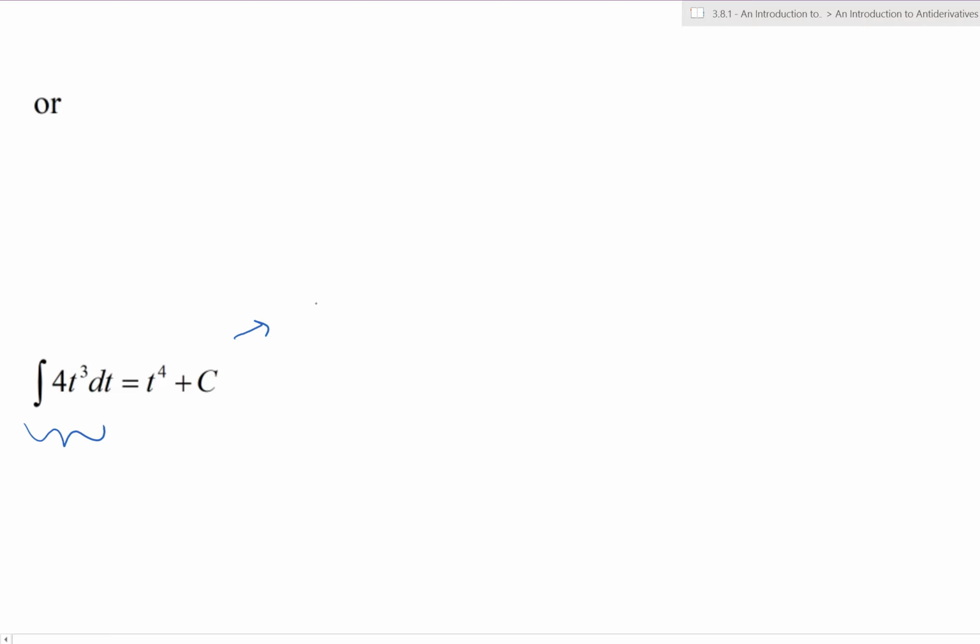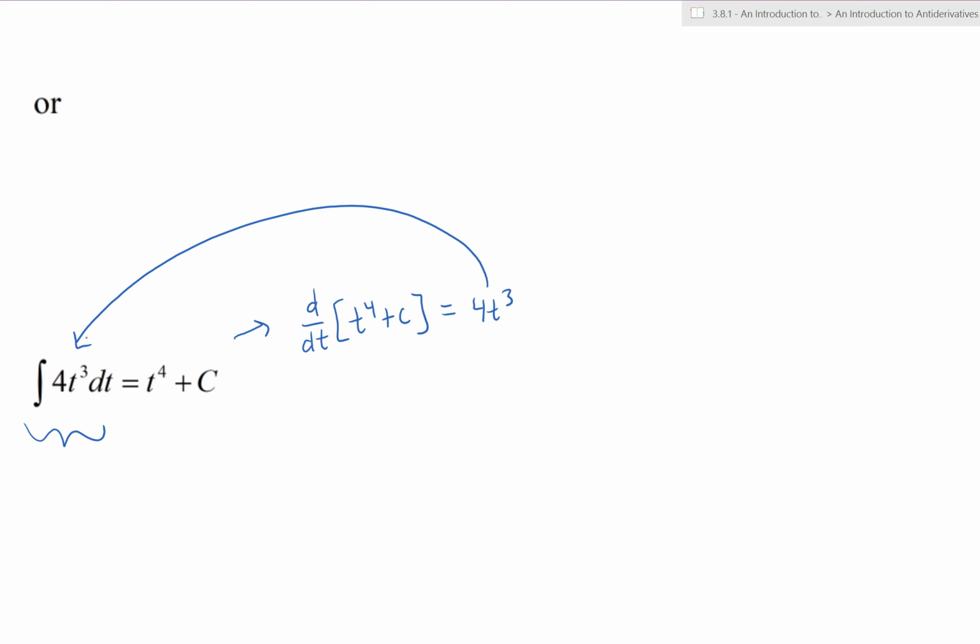And that is, again, because if I differentiate with respect to t, t to the fourth plus a constant, I get 4t cubed, the actual integrand in my indefinite integral. So in that case, we're saying treat t as the independent variable and find its general family of antiderivatives, which in this case is the family of curves t to the fourth plus some constant c.